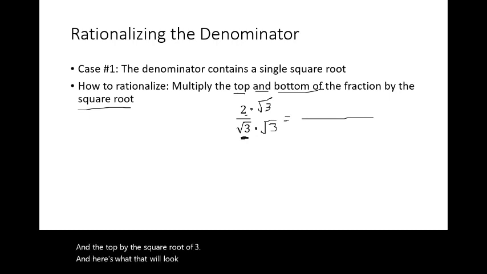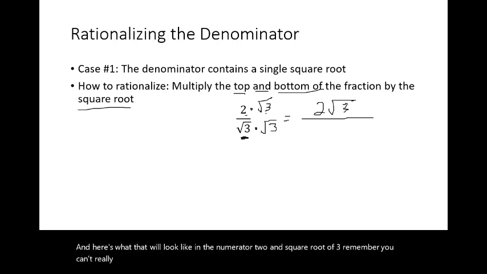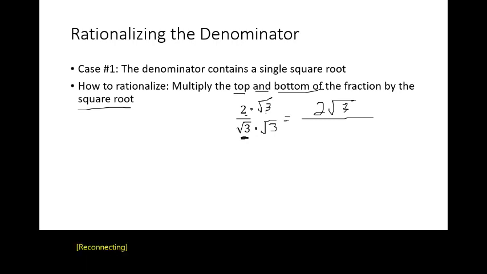In the numerator, 2 and square root of 3, remember, you can't really simplify something that is in a square root and something that is not, so you're just going to leave that as 2 root 3. And then in the denominator, square root of 3 times itself can be written as the square root of 3 parentheses squared. You can always write a repeated multiplication as an exponent.